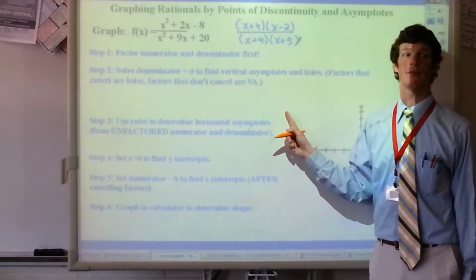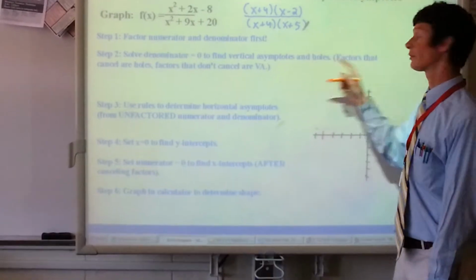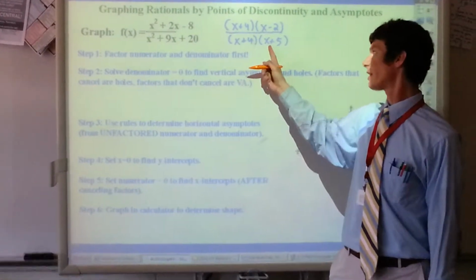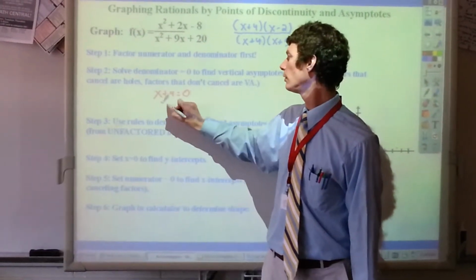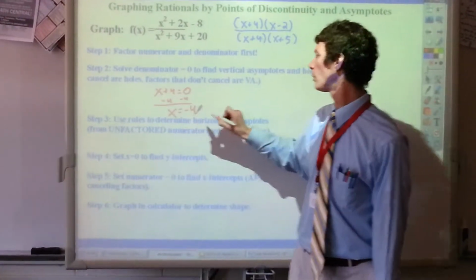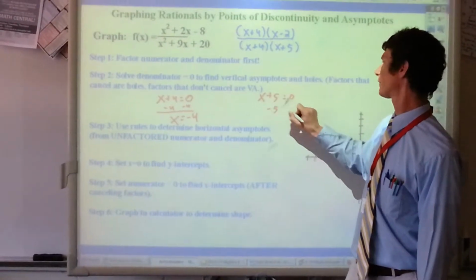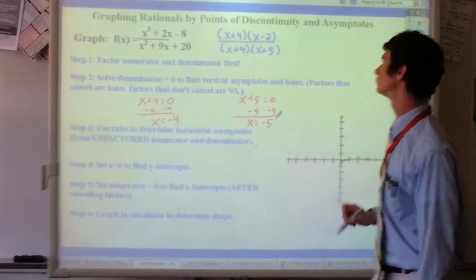Now looking at our next step, we're going to solve our denominator equal to 0 to find our vertical asymptotes and our holes. So we have two binomials here to solve equal to 0. We have x plus 4 equals 0. Subtract 4, x equals negative 4. And x plus 5 equals 0. Subtract 5, x equals negative 5.